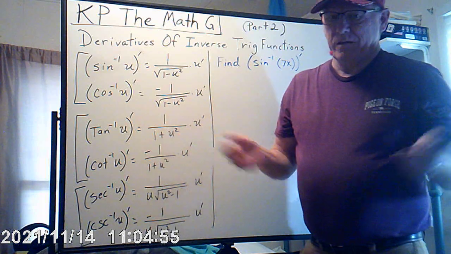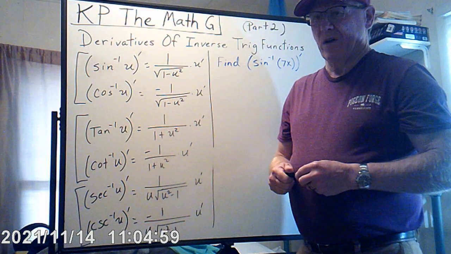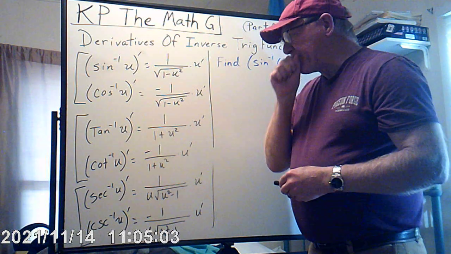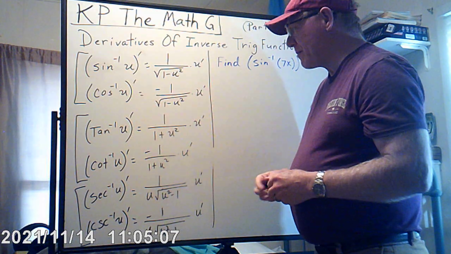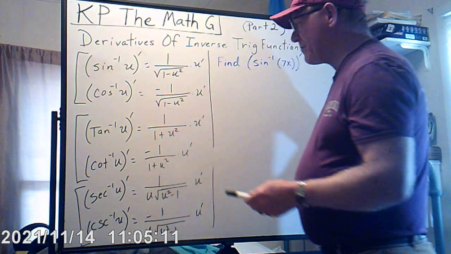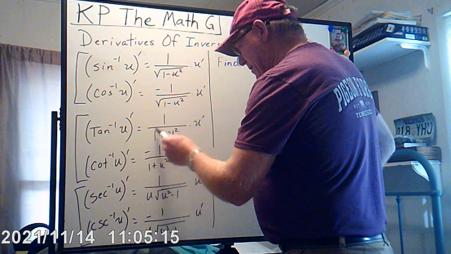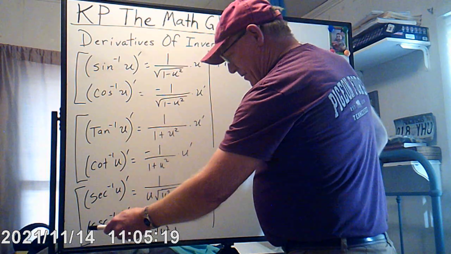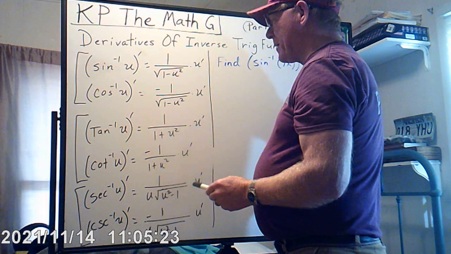Now, will you have them available to you? Probably not. I just don't know that for sure, but you're just going to have to commit these to memory. One of the things you can think about is that everyone is going to have a 1 in the numerator, and everything that has a C in it will have a negative sign in front.